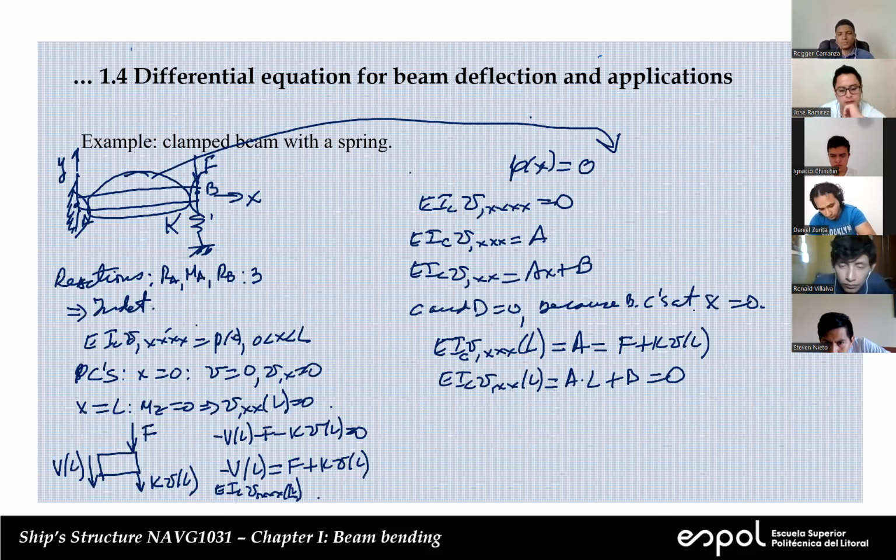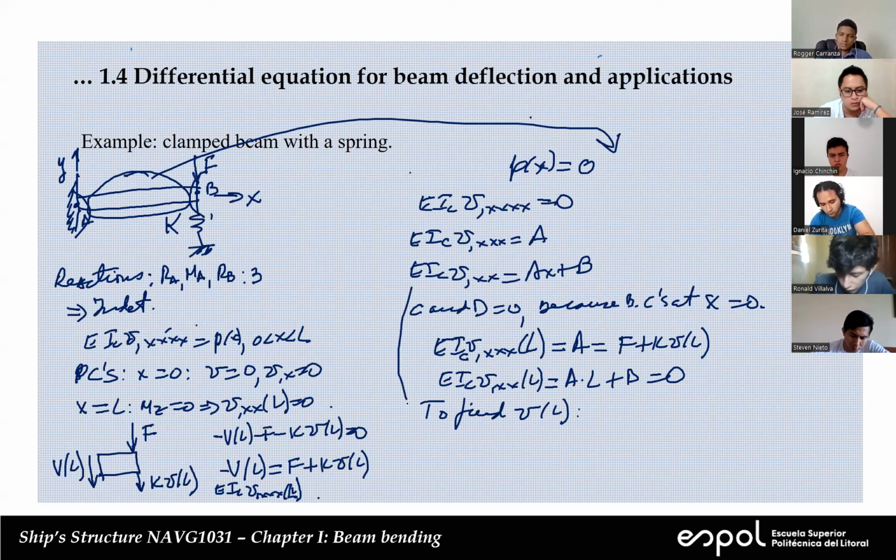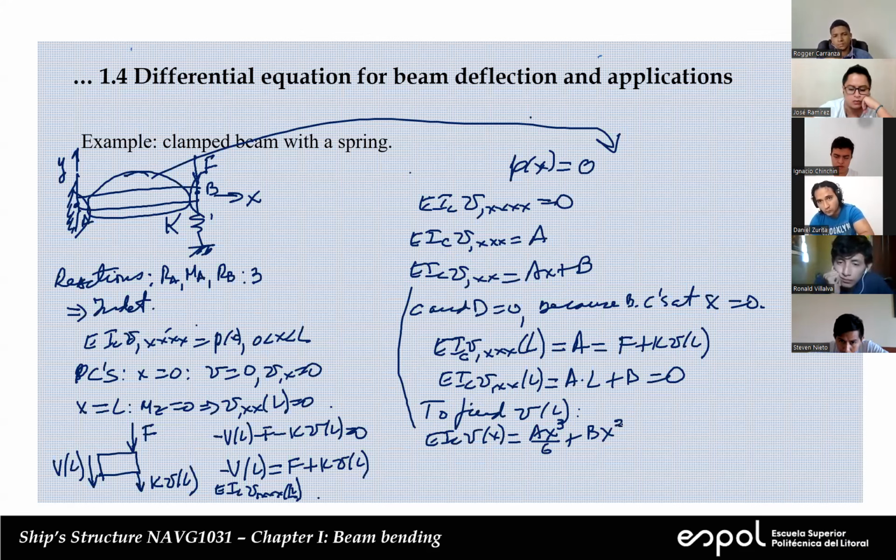Now, here I have V at L. To find this value, we need to integrate this equation 2 more times. So from here, we said EI sub C of V of X, integrate these 2 more times. So it's going to be A x cubed over 6 plus B x squared over 2. C and D are 0.